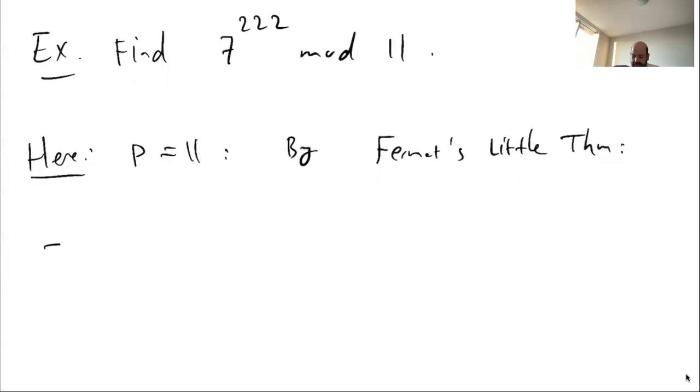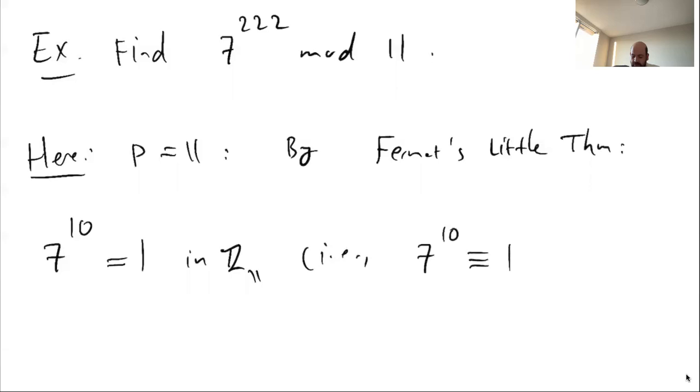I can say that 7 to the power 10 equals 1 in Z11, i.e. 7 to the power 10 is congruent to 1 mod 11, right?